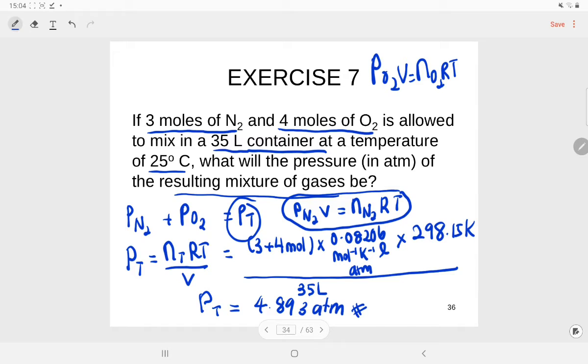Either way, whether you calculate using the same method as mine or calculate separately, you will still get the same answer.